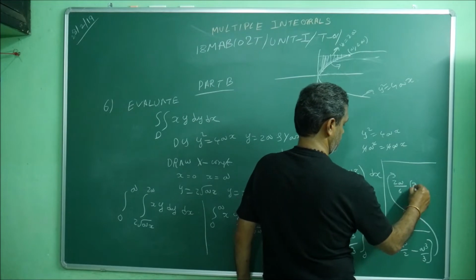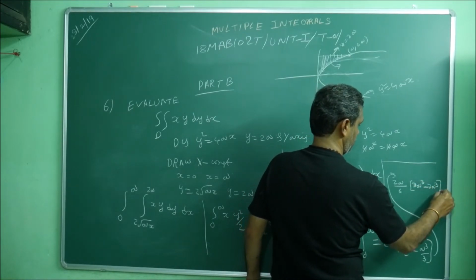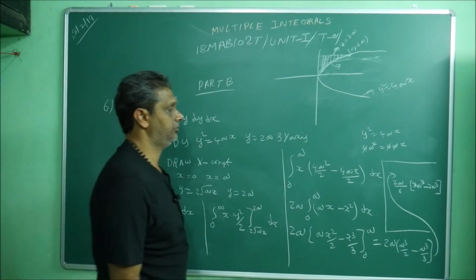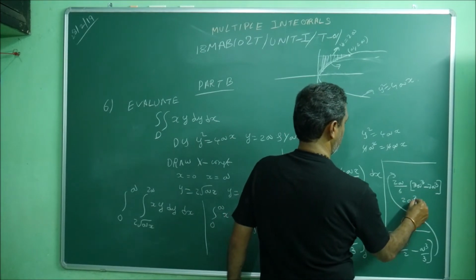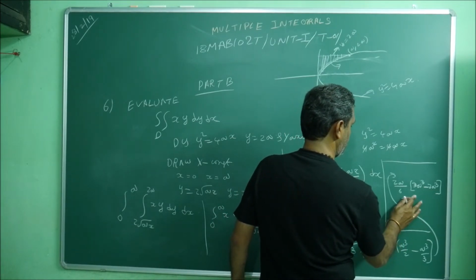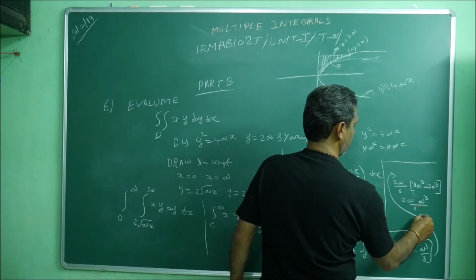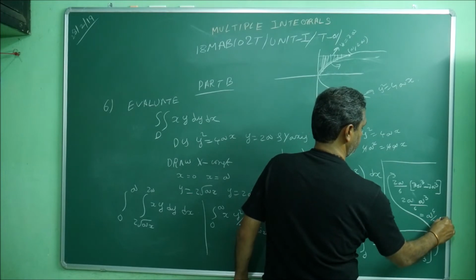This is 3a cube minus 2a cube. This is what actually? A cube. 2a, sorry, 2a into a cube by 6. This is a power 4 by 3.